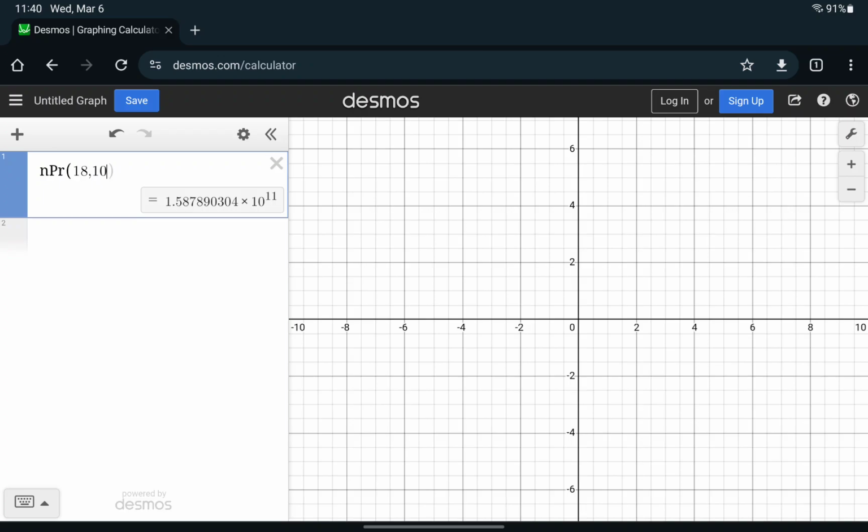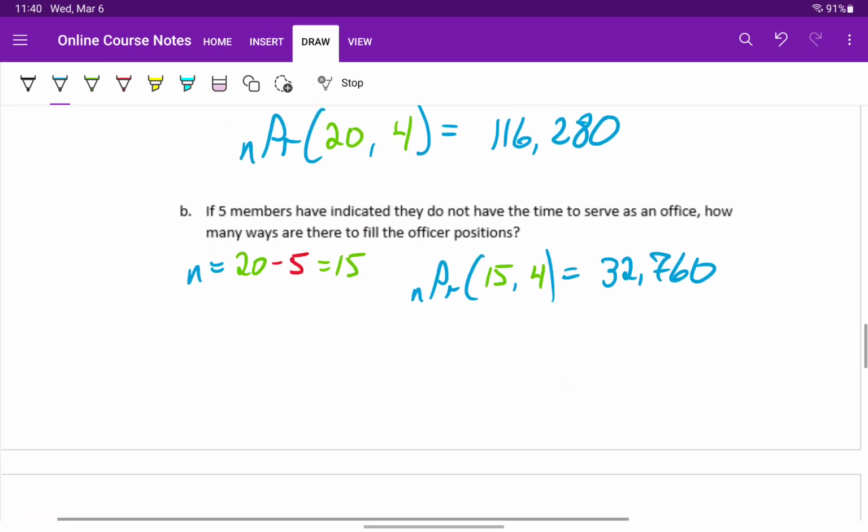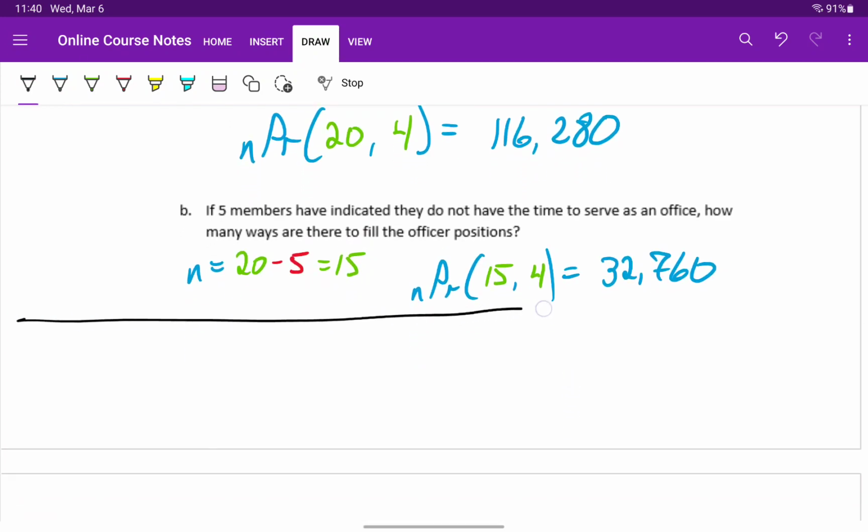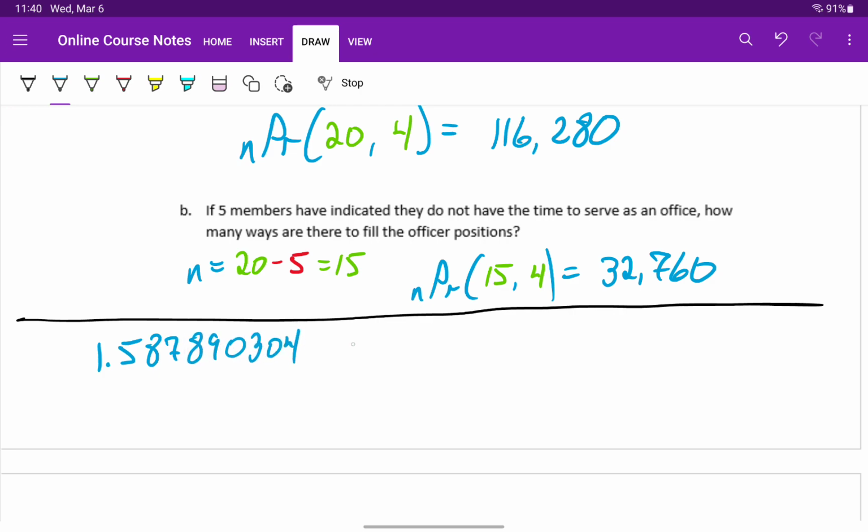To briefly review this, this is scientific notation. So if we get a result that looks like that, let's just write it out here, 1.5878900304 times 10 to the 11th power.